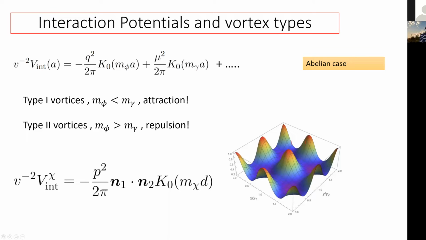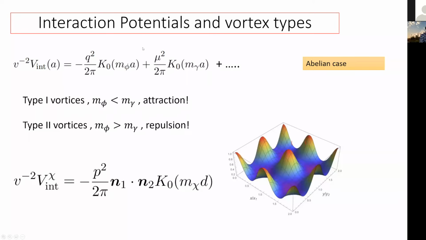So you see that if m phi is less than m gamma, then this term will decay before this term, and this term will be irrelevant in the intermediate distance. Sorry, it's the opposite.